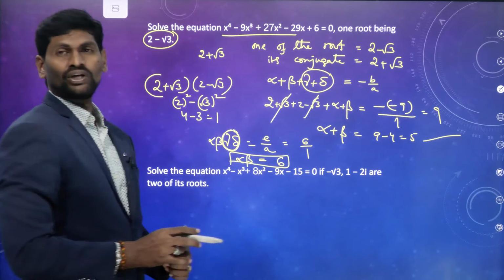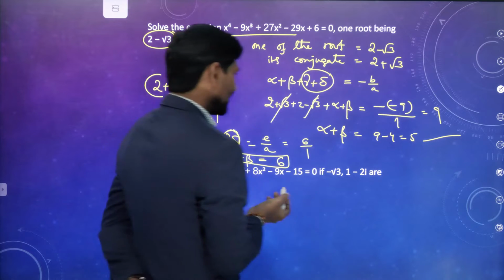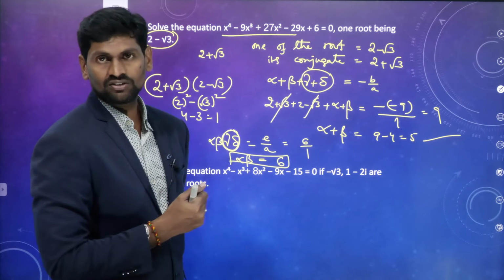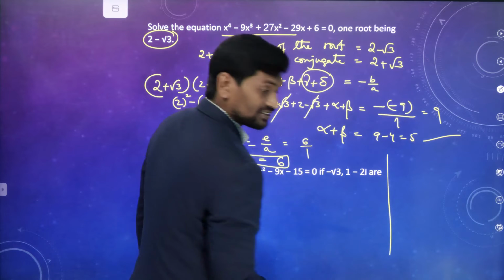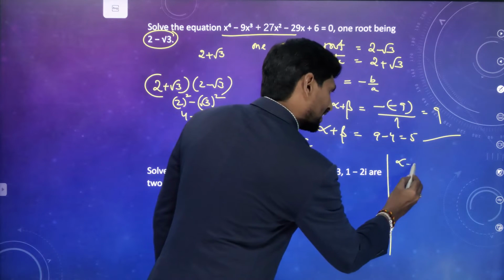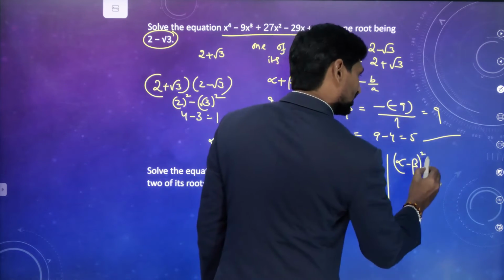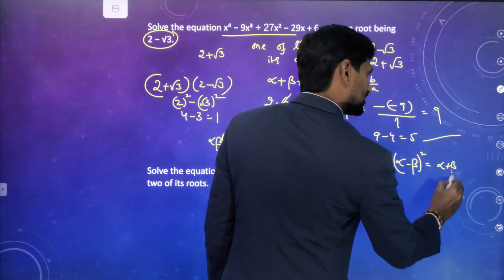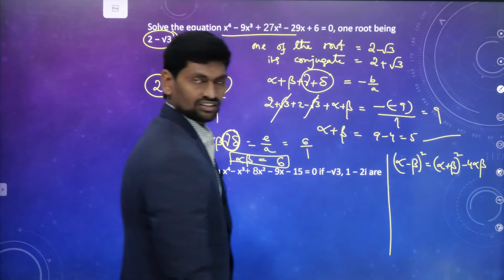From this we need to identify the alpha and beta roots. Let us check. The alpha plus beta value we know is 5, and the alpha into beta value is 6. Now I am applying alpha minus beta. I am writing the formula: alpha minus beta whole square equals alpha plus beta whole square minus 4 alpha beta. Can I write like this?